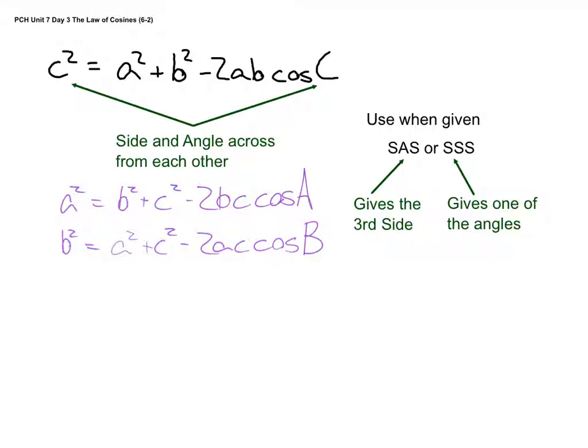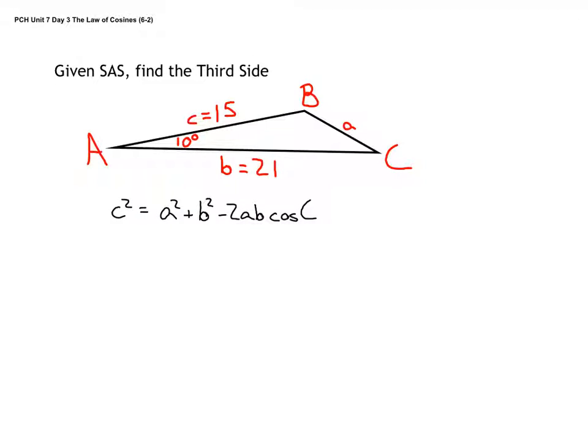Can you explain side angle side and side angle? Yes, let's actually do an example of both of those, and you'll see what it looks like. Here's a case where it's side angle side. Notice we know side AB, or side C, the length of C is 15. We know the length of side B is 21.